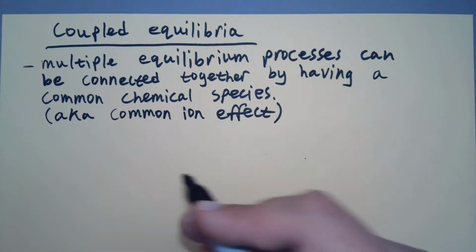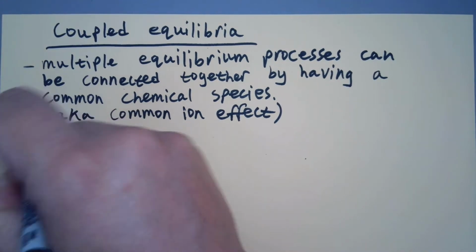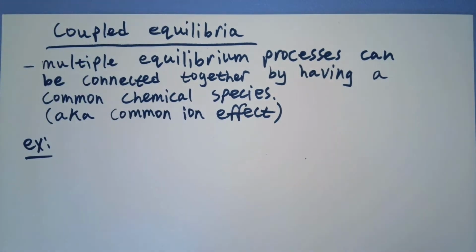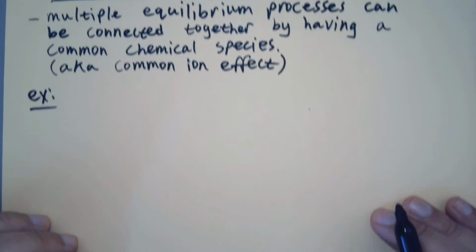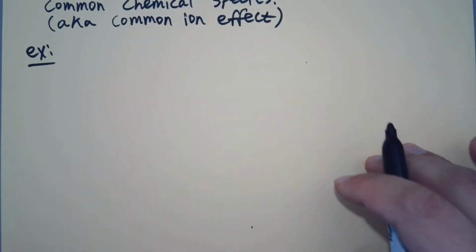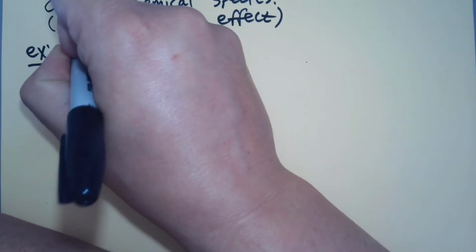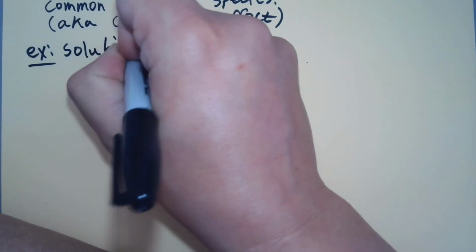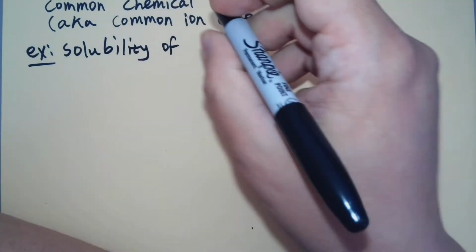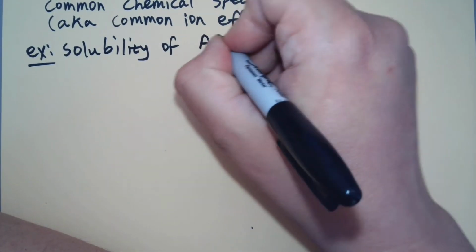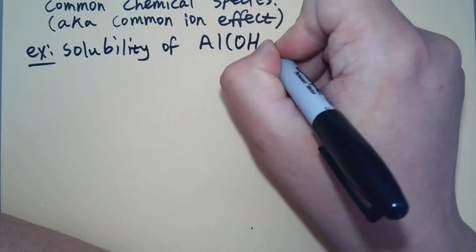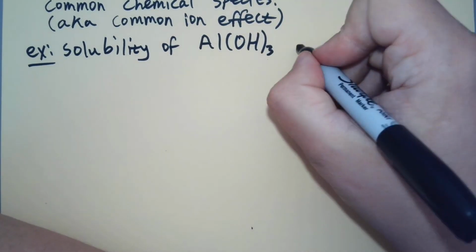So, let's build on an example we talked about in the last video. Let's talk some more about the solubility of Al(OH)3, aluminum hydroxide.